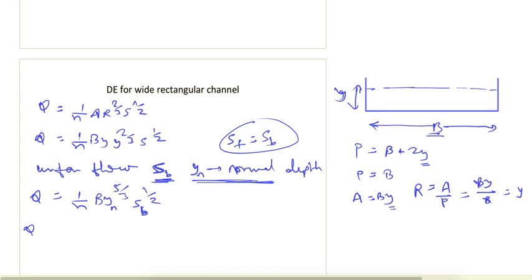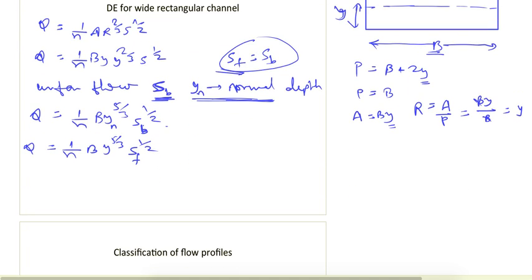But for our case, non-uniform flow, this will be y to the power 5 by 3. Now the slope of energy line will be different, so that we represent as SF. Let's say this is equation 1, this is equation 2.